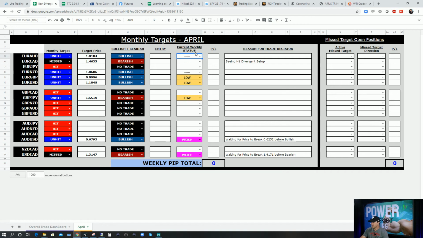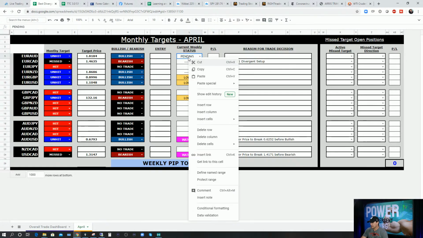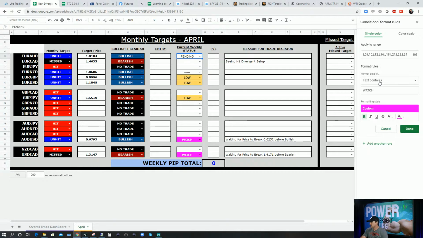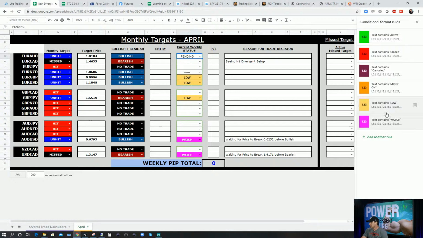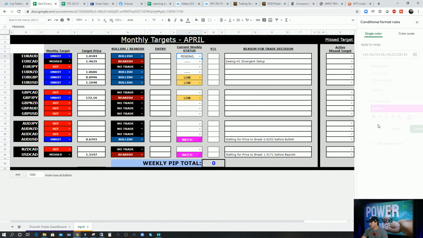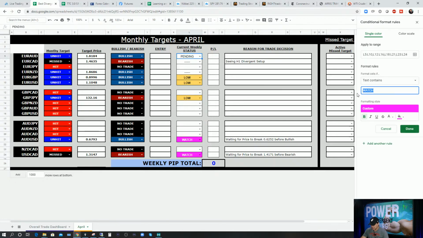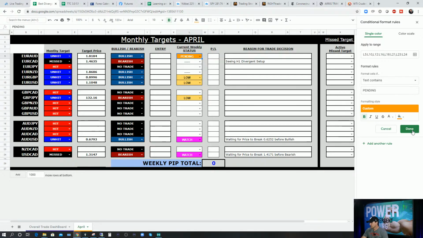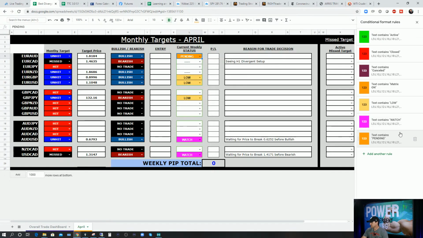So until I get put into a trade right here, it's going to be pending. I'm going to add another color to this so I can read it, and I'm going to change it to light orange, or at least orange. Okay, good.